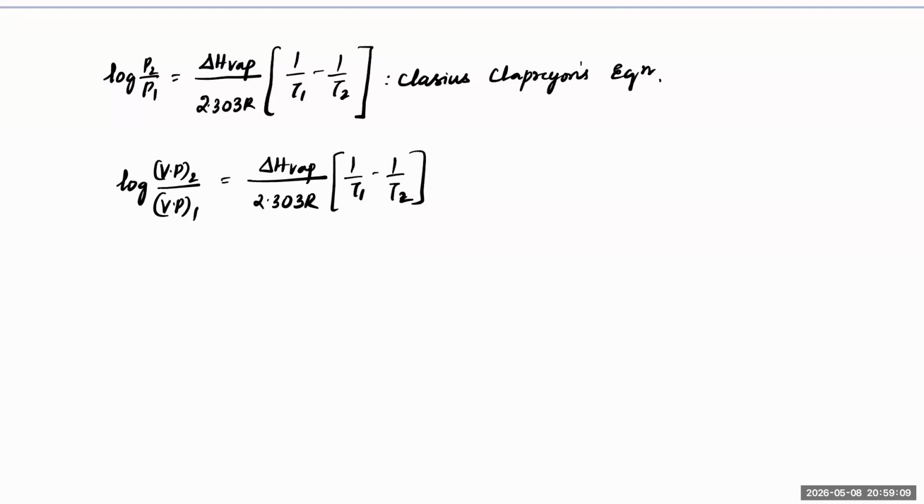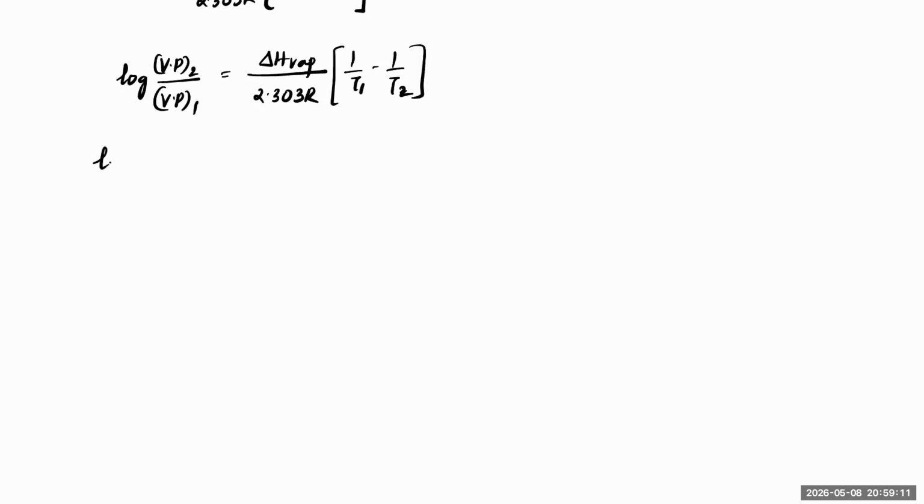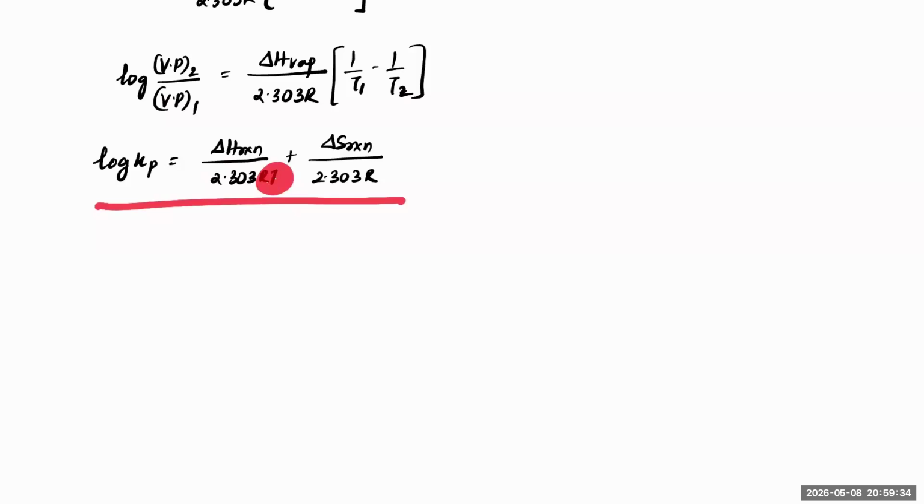Now, you may recall that we also learned that log of Kp used to be written as delta H of reaction by 2.303 RT plus delta S of the reaction by 2.303 R. This was the original equation at a temperature T. And when you take it at T1 and T2, you will have K1 and K2 values.